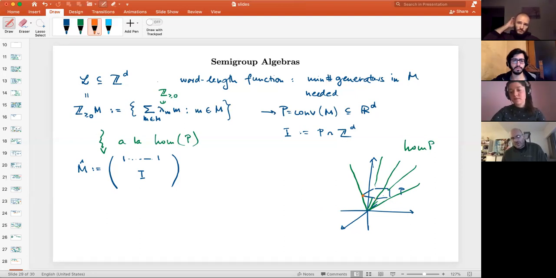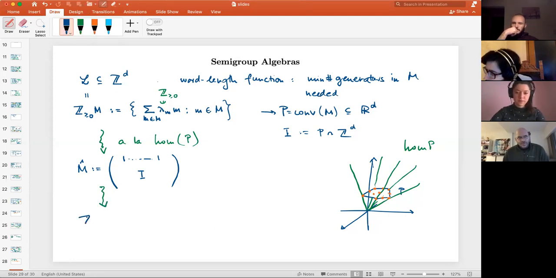I look at the integer points in P. These include the vertices, but there might be stuff in here, some stuff on the boundary. And now I generate a semigroup with that, and from here I do the same construction.